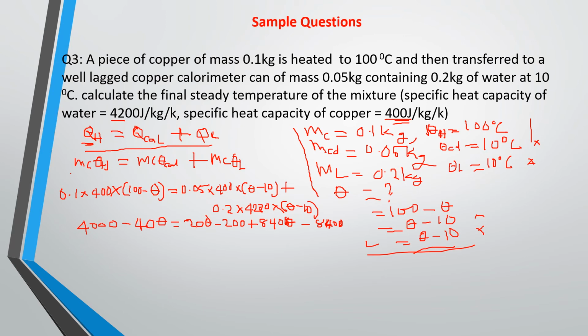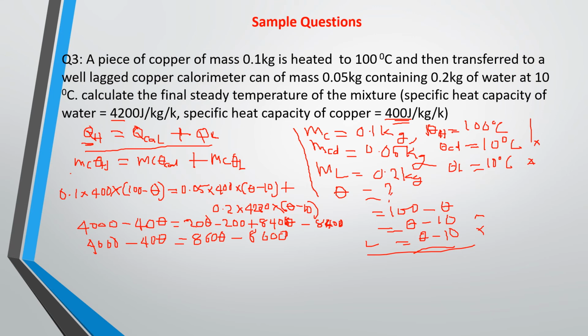So here you are going to have 4,000 minus 40 theta equal to 20 plus 840 is 860 theta minus 8,600, because minus 200 minus 8,400 is minus 8,600.